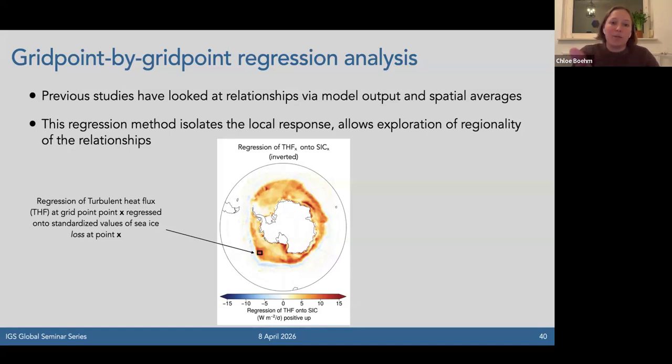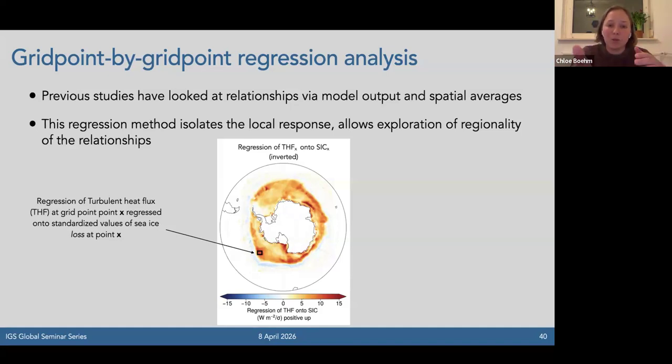For example, this plot here of the regression of turbulent heat flux onto sea ice loss is basically just a map of turbulent heat fluxes regressed onto a map of sea ice concentration. When you regress them like that, you're treating each grid point individually, and that allows you to look at the regionality a bit more and also see how consistent the relationships are across the sea ice pack.